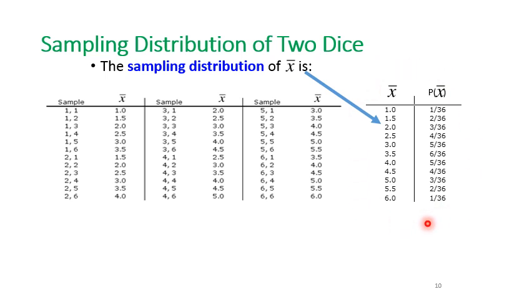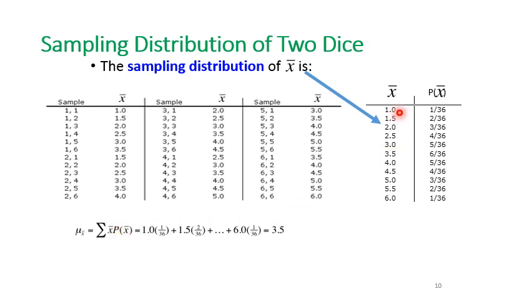So now let's try to find the mean of this probability distribution and the variance of this probability distribution. Regarding the mean of x bar, we will apply the same rule, summation, but this time this is not x, it's x bar. So this is summation x bar times the probability of x bar.